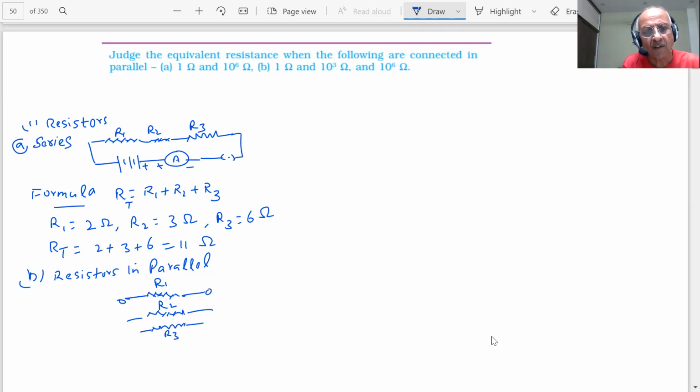So what we have, students, is a common nodal point. You can see they have a node. They are joining here, and you are attaching the battery here.